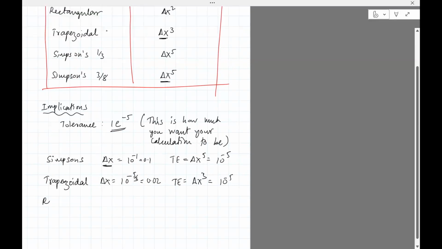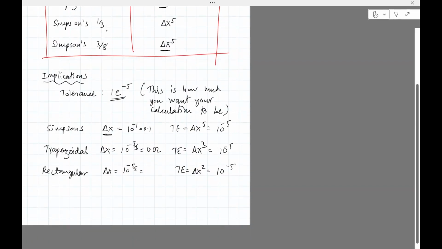And then if you want to use rectangular, what should delta x be such that your TE, well, it's delta x square, should come out to be 10 raised to negative 5. So in order to get 10 raised to negative 5, you would need to take 10 raised to minus 5 divided by 2, which is 0.003.